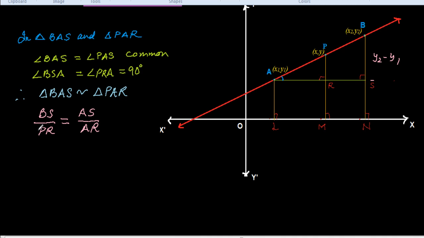And for PR, PM is y and RM is y1, because AL is y1, so RM is also y1, so it is y minus y1.